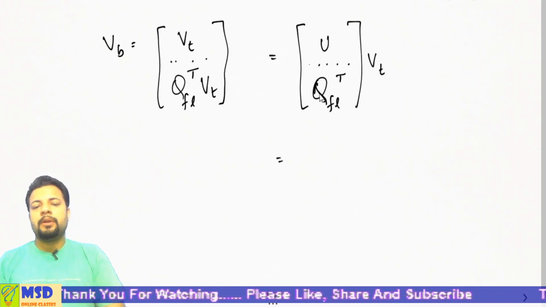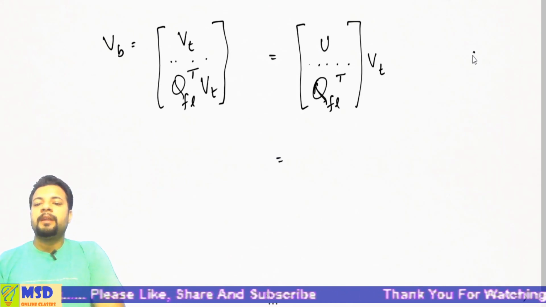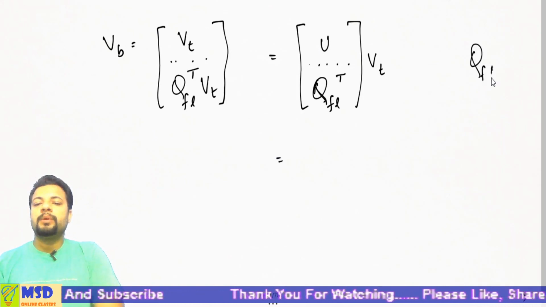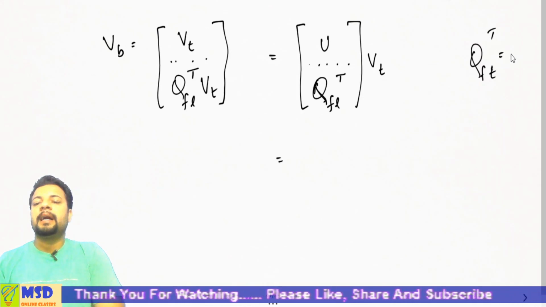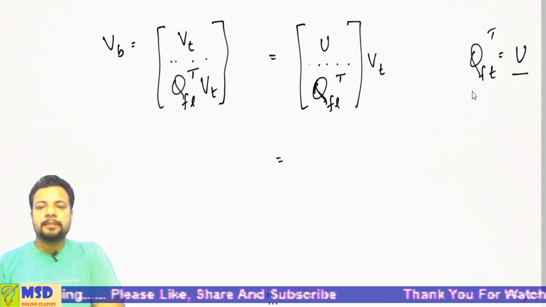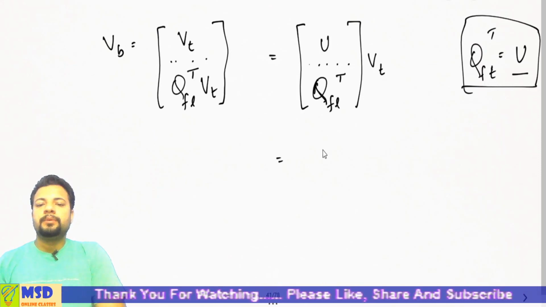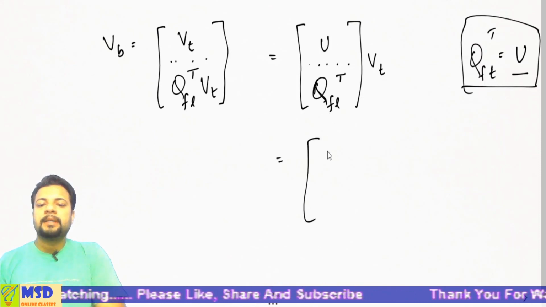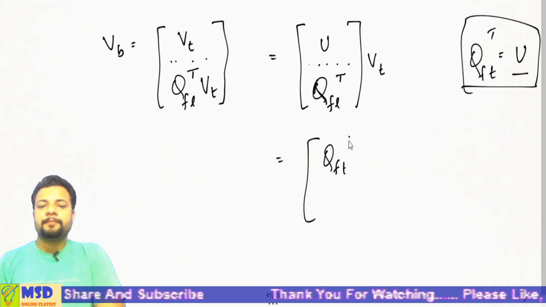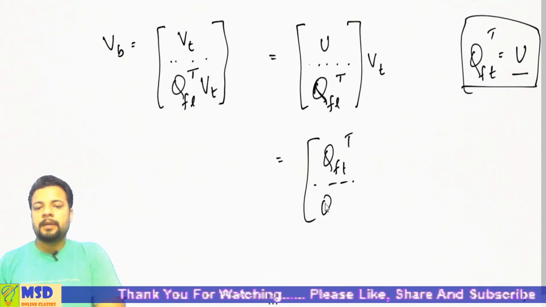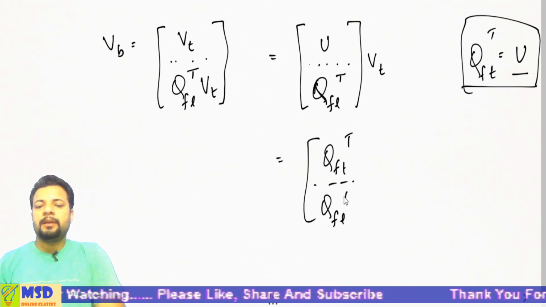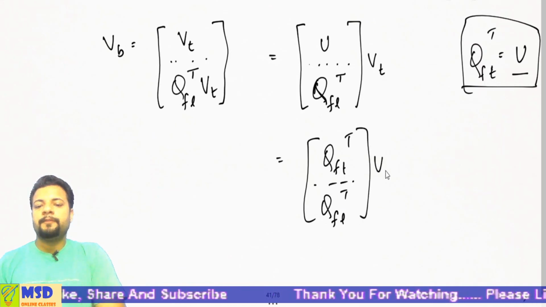and we already know that QFT is an identity matrix. So I can write this identity matrix as QFT and this as QFL transpose VT.